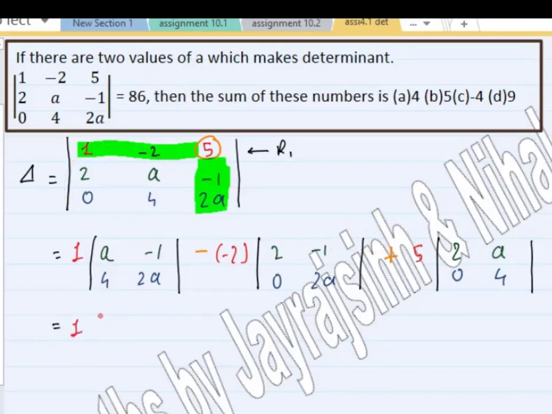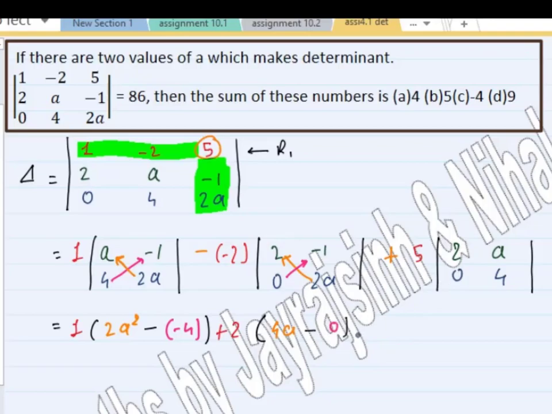1 will be as it is, 2a will multiply with a to give us a square, then minus 4 will multiply with minus 1 to give us minus 4. Similarly, plus 2 will be as it is, and 2a times 2 is 4a, and 0 minus 1 will give us 0.